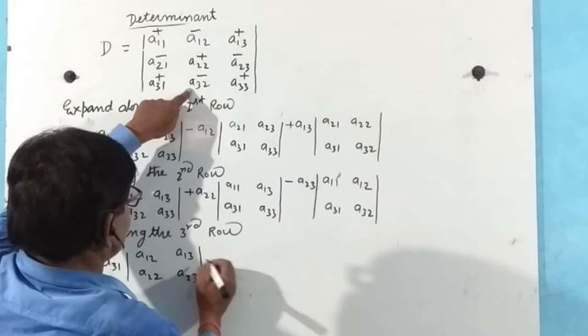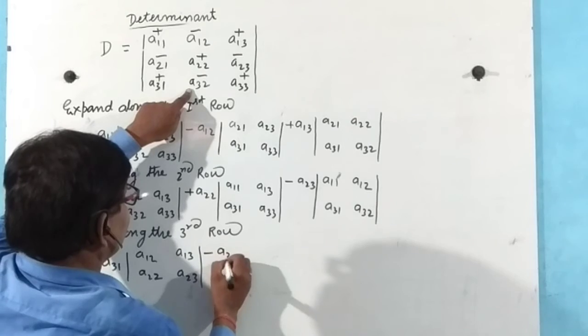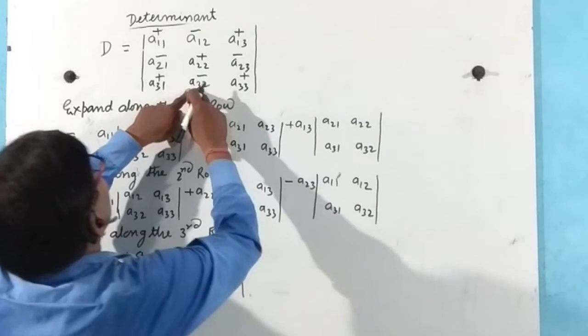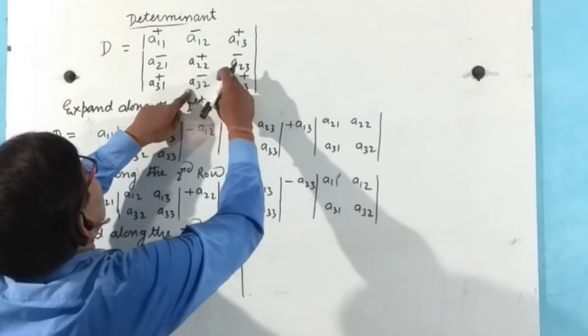After that this is minus A32, here deleting this and this.